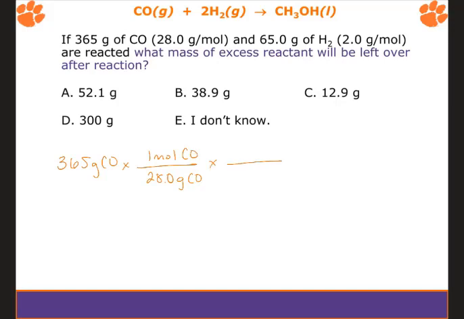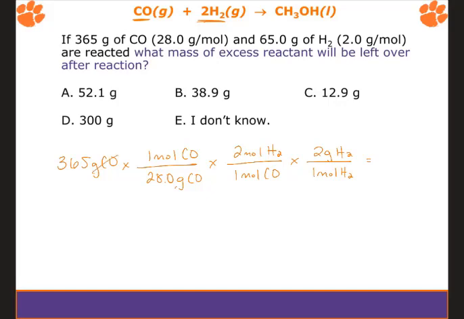And now we're going to go from moles of carbon monoxide into moles of hydrogen gas. So we have to figure out how many grams of hydrogen gas we consume. So I have my 1 mole of CO from my coefficients and my 2 moles of H2, again from my coefficients. And then I'm going to see how many grams that is. So I'm going to use the molar mass.